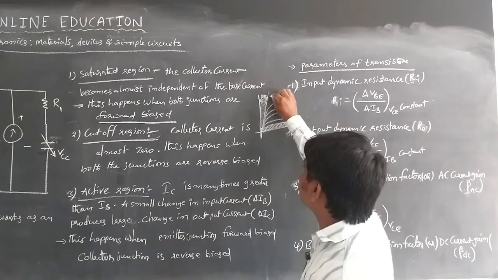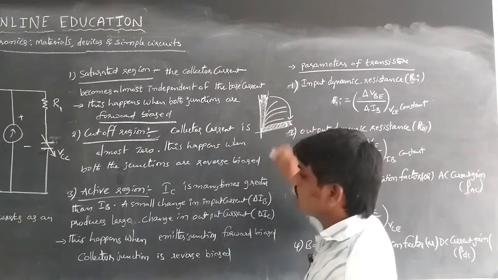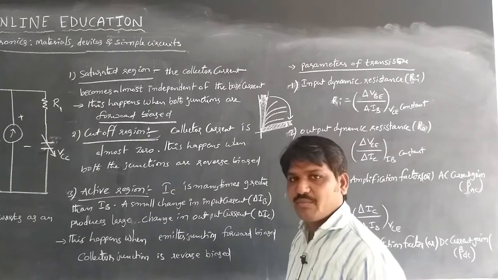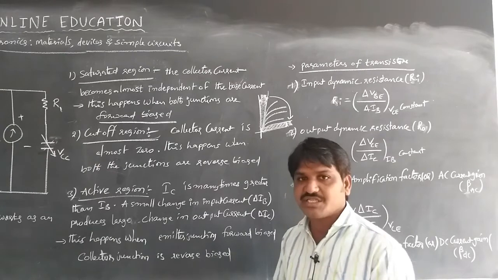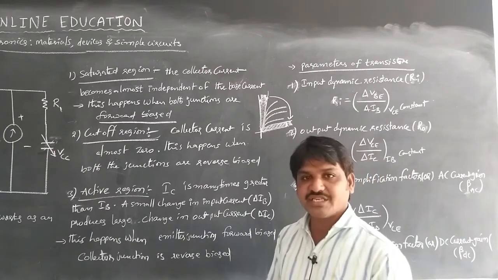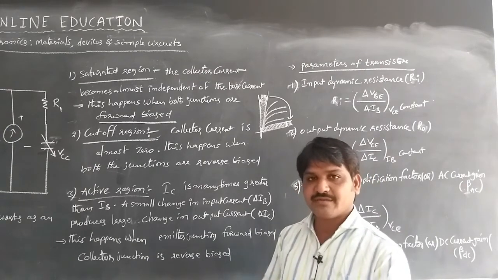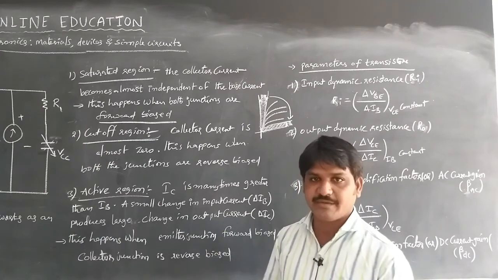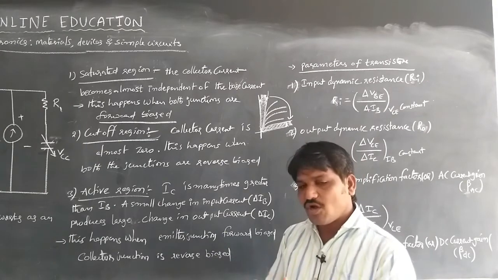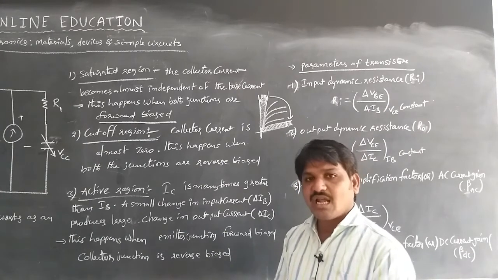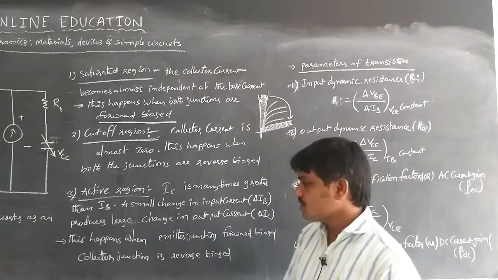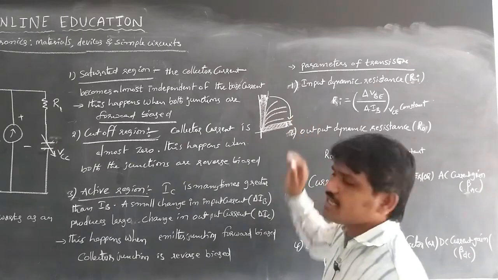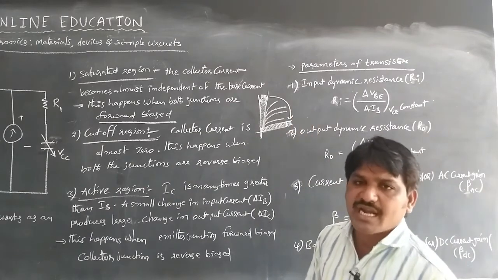And in the remaining region, the input junction is forwardly biased and the output junction is reversely biased, and the collector current changes rapidly with the change in the base current. Even a small change in the base current causes a large change in the output current, the collector current, in the circuit. So in many cases the collector current is greater than the base current.